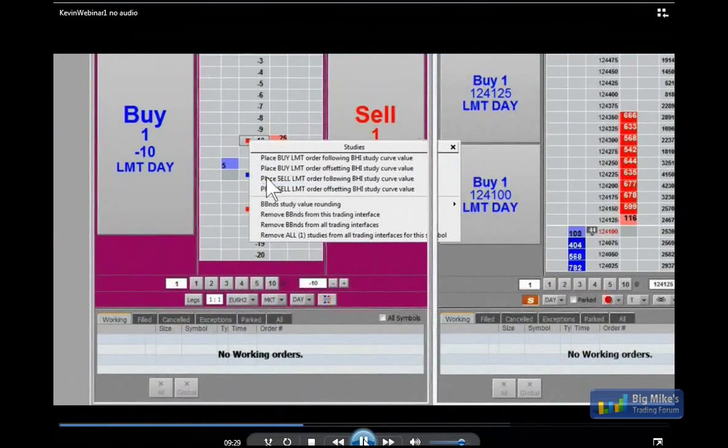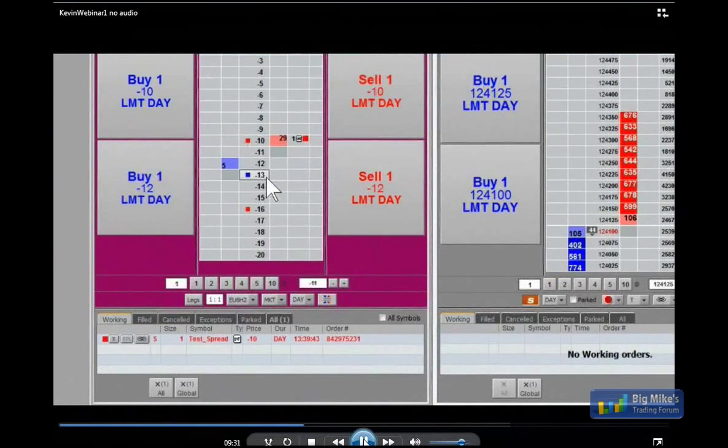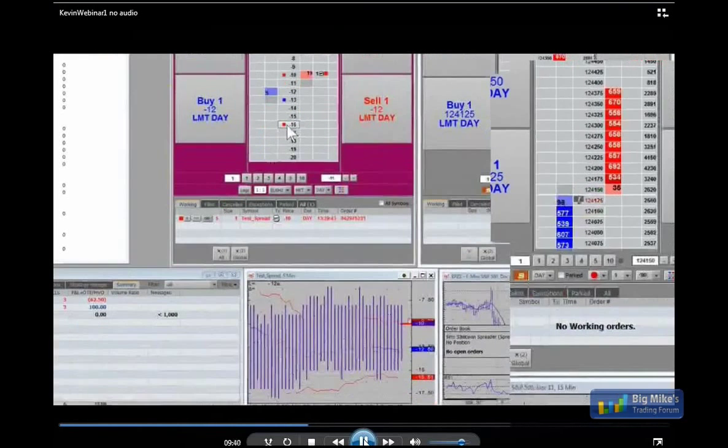From here, I'm able to float orders or work orders based on the analytics. So as you see here, higher level coming in at -10. I'm working an offer there.